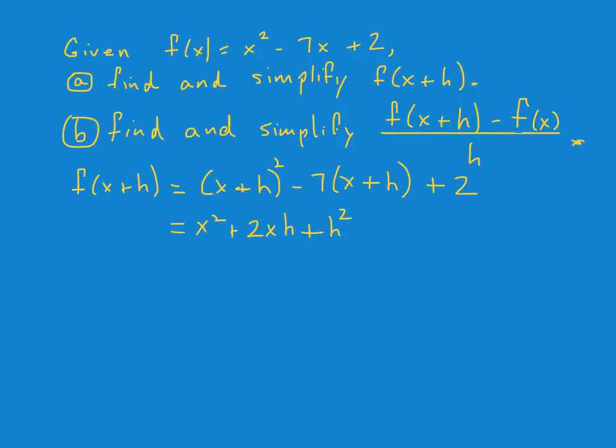Then minus 7 times the quantity x plus h, we have to use the distributive property to distribute that 7 through the parentheses. So that'll give us a negative 7x and a negative 7h, those two terms. And then we still have the plus 2 at the end.